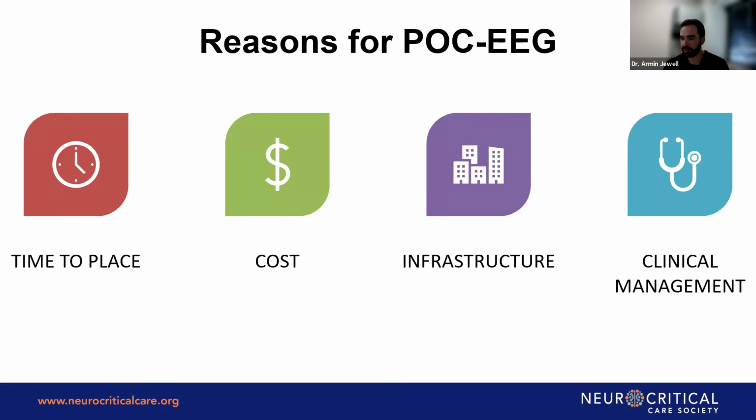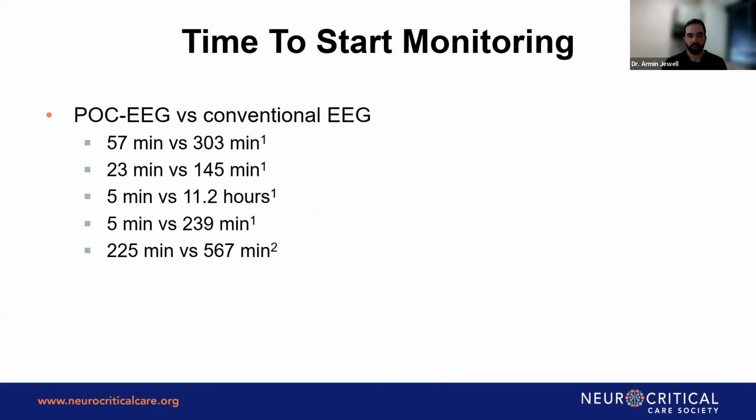So there are some studies that we looked at to try to figure out, is this true that these reasons are accurate to have point of care EEG as a technology? So for time to place, there's a review article that went through a bunch of different sites that had point of care EEG time to start monitoring versus conventional EEG.